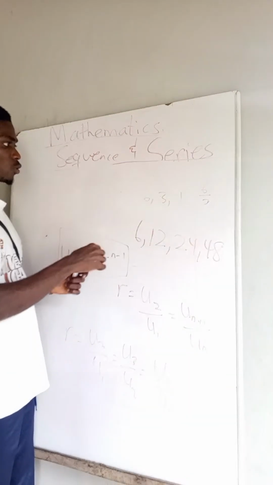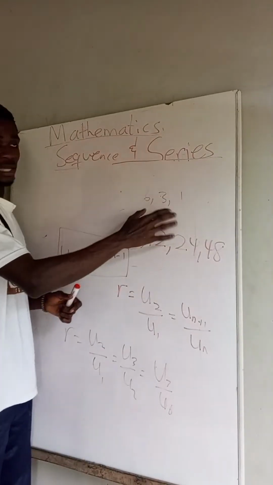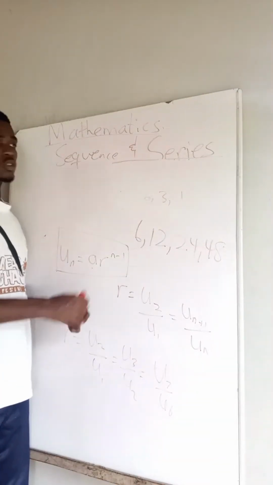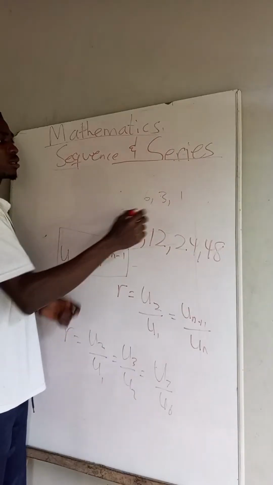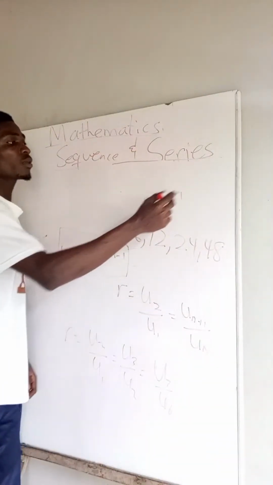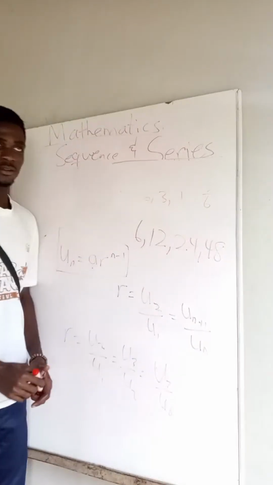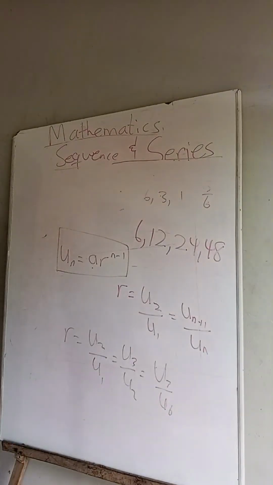Sorry, it's not always that; it's supposed to be 3 out of 6 rather.